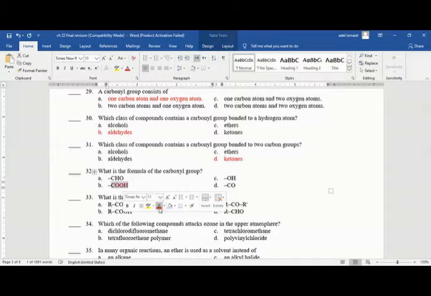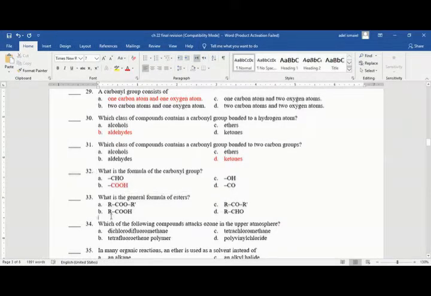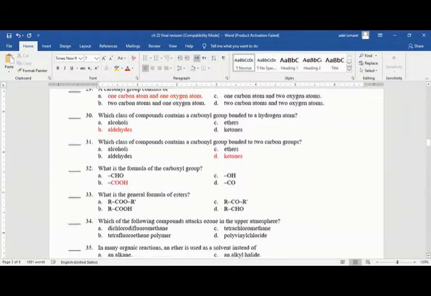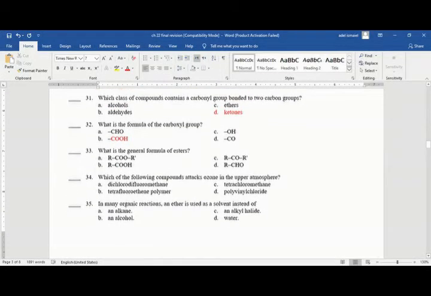What is the general formula of esters? Don't confuse ethers and esters. There's a difference between them. Esters look like carboxylic acids, but instead of COOH, we have COOR.